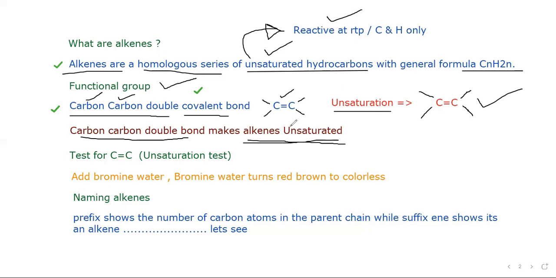We will certainly look into the detail when we go through the chemical reactions of alkenes. You will see how this carbon-carbon double bond enables alkenes to react at RTP.